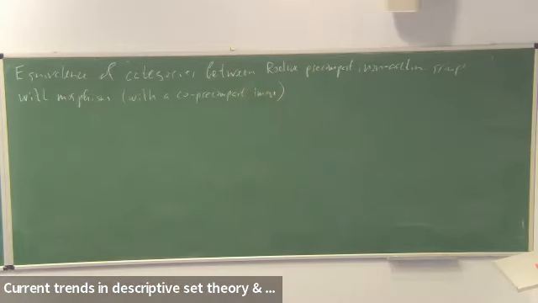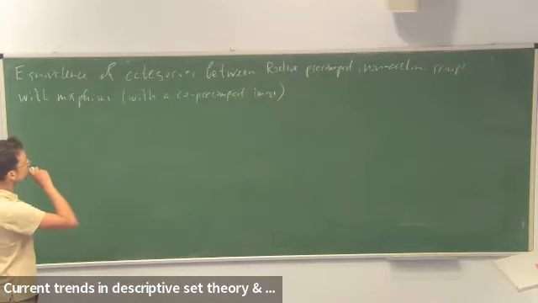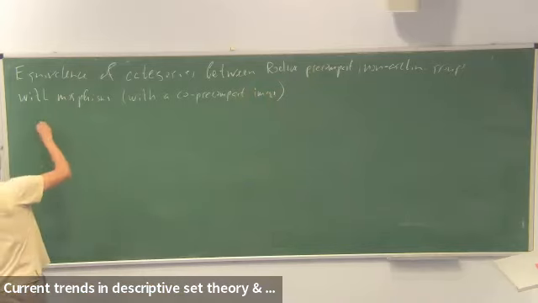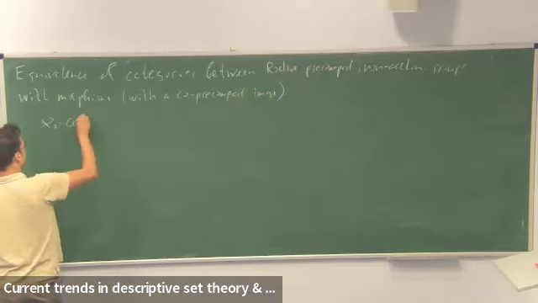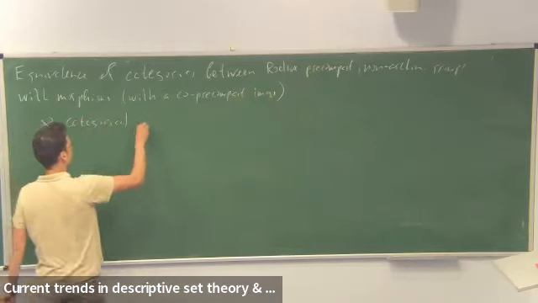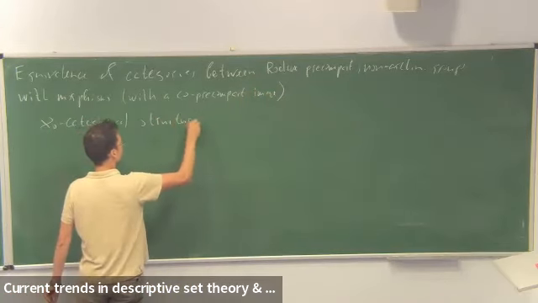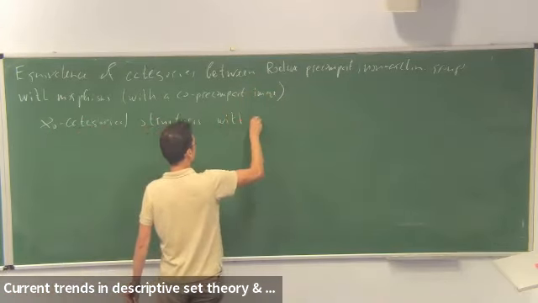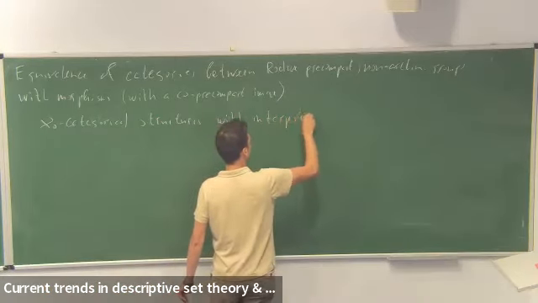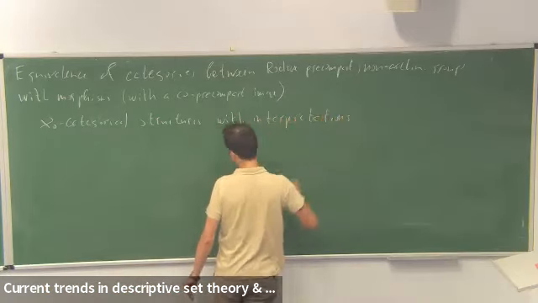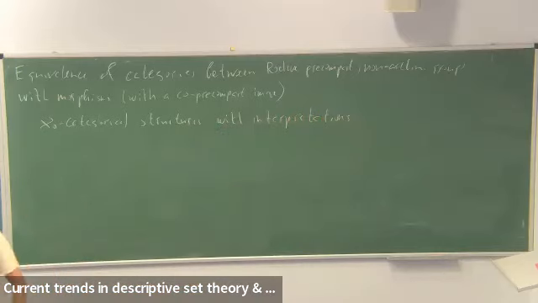So we have these groups with continuous morphisms with some restriction on the image. Okay, so it's not all morphisms. This is on one side, and the other one is Aleph zero categorical structures with interpretations. This is only to know a little bit.